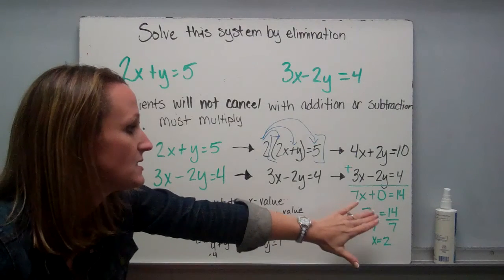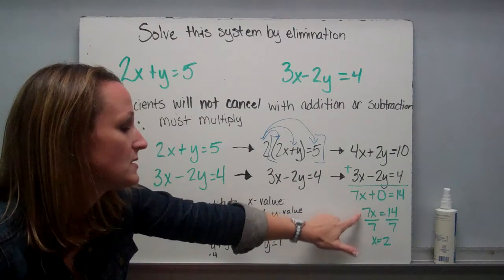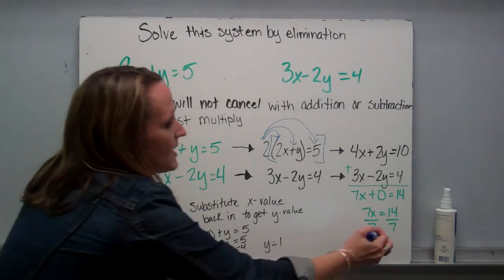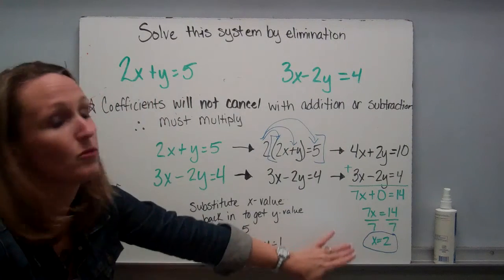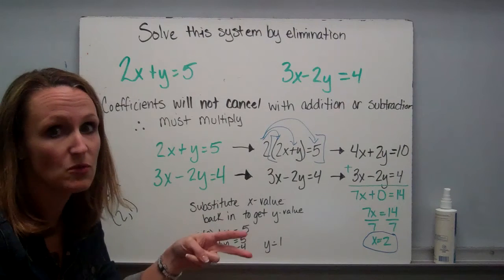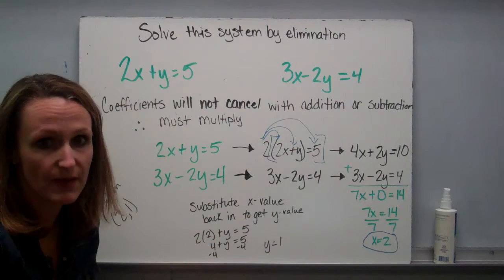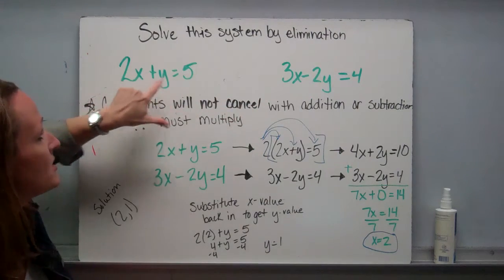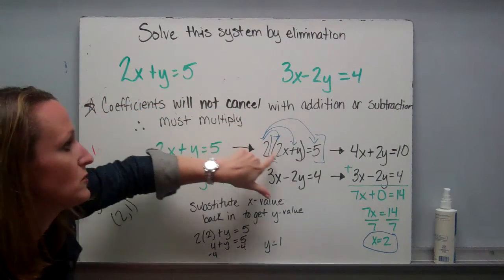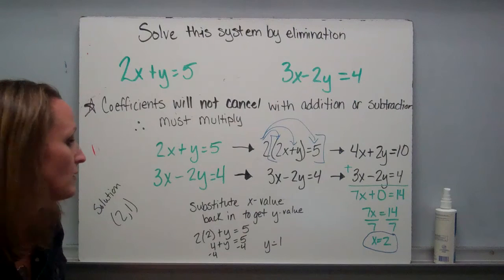Now we have 7x equals 14. We can divide both sides by 7, so we get an x value of 2. Now, of course, we need an ordered pair, an x and a y, so you've got to take the x value and plug it back in to get y. Either equation, but you've got to remember to go back to the original, not this one we souped up, although it would probably work.